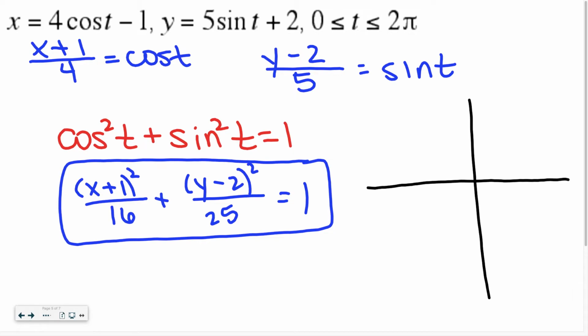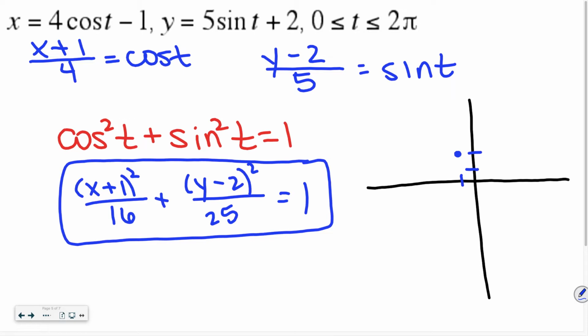Okay, where's the center of our ellipse? 4, 5. Yeah, we're going to take these numbers right here for our center, so negative 1, 2. But then the 4 and the 5 tell you how far to move out from the center.